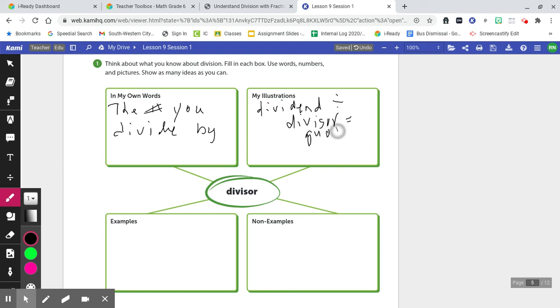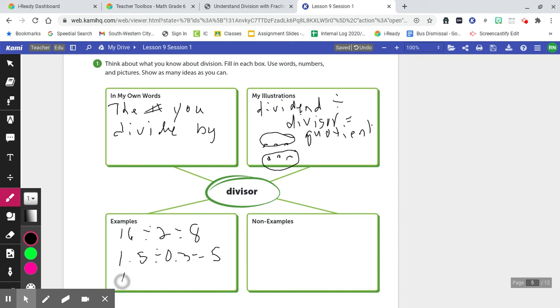And as far as an illustration, we can do a picture. I could do 1, 2, 3, 1, 2, 3. 6 divided by 3 is 2. Another example, I could do 6 divided by 2 is 3. I could do 1.5. You can do decimals now. Divided by 0.3 is 5.